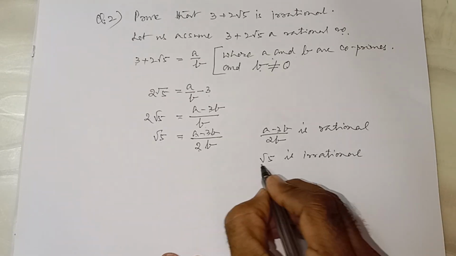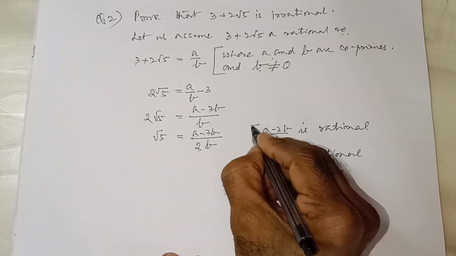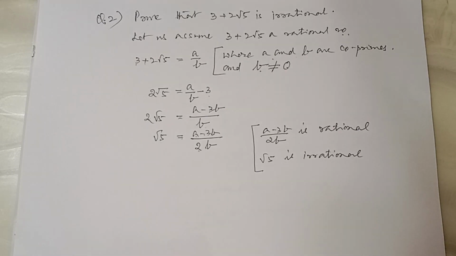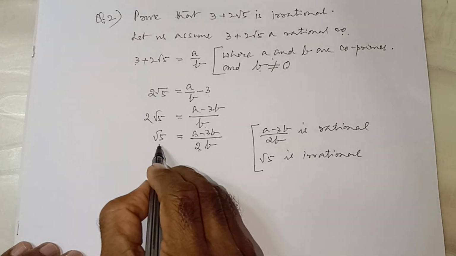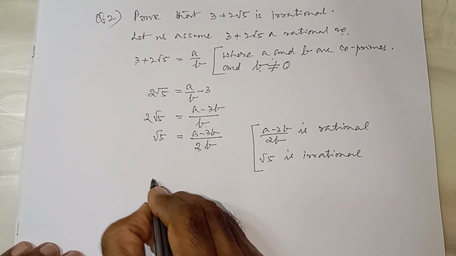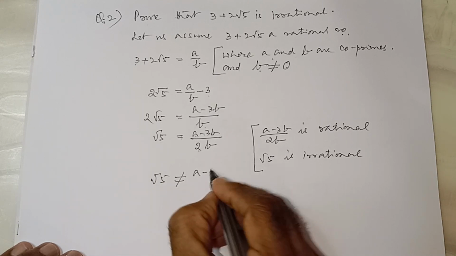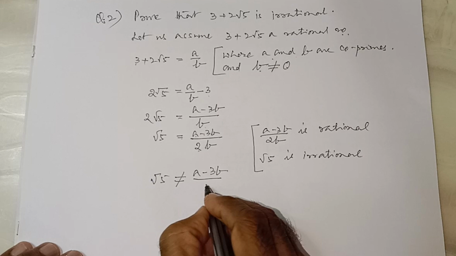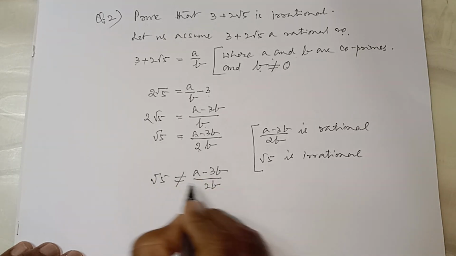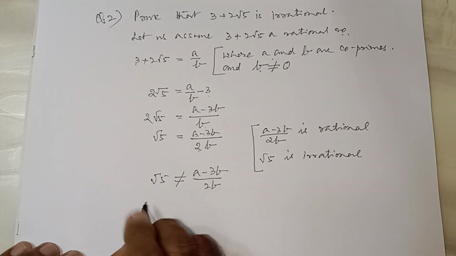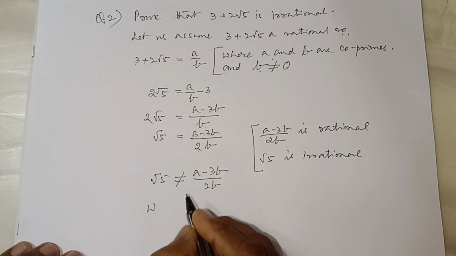We know both. Now here, rational can never be equal to irrational. Root 5 cannot be equal to a minus 3b by 2b. Now this is proved. That means somewhere we went wrong. Where we went wrong? In the assumption.